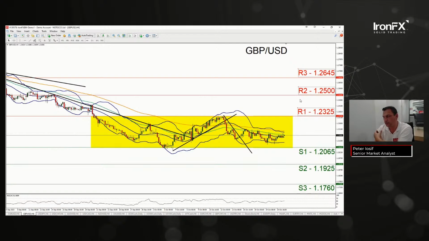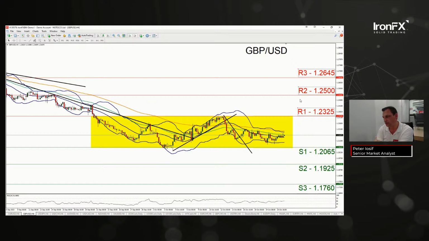Pretty wide, I know. We're talking about 175 pips. However, cable has proven a number of times that it's maybe a little bit more volatile than other major trading instruments, maybe with the exception of commodity currency. And that tends to allow us to keep the corridors between the resistance and support lines pretty wide.